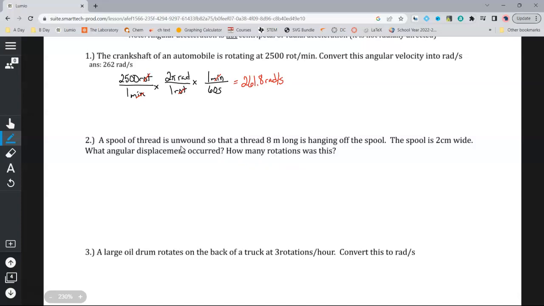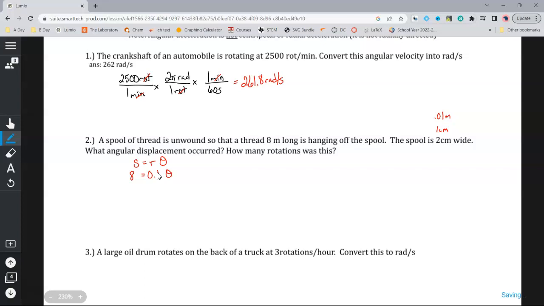If we have a spool of thread that's unwound so that the thread, 8 meters long, is hanging off the spool, and the spool is 2 centimeters wide, we want to know what angular displacement occurred. We would be using s equals r theta. We have 8 meters, which equals our radius, 1 centimeter or 0.01 meter, times theta.